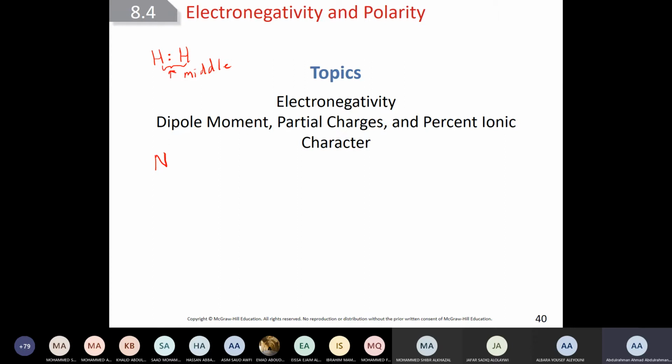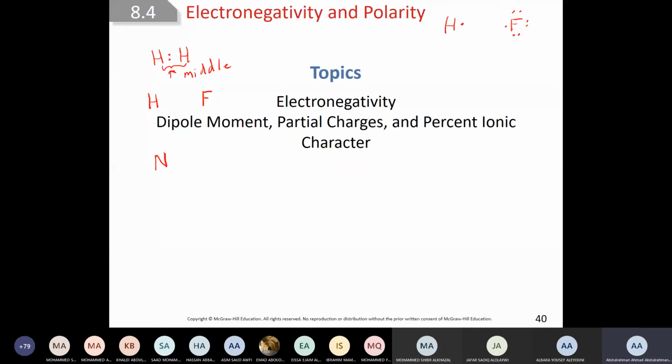But when we have hydrogen with fluorine, how many electrons around hydrogen? 1. Hydrogen has 1. Fluorine has how many? What's the dot symbol for fluorine? 7. 1, 2, 3, 4, 5, 6, 7.